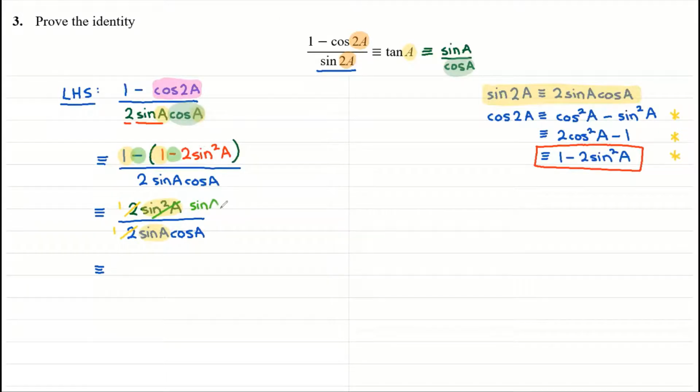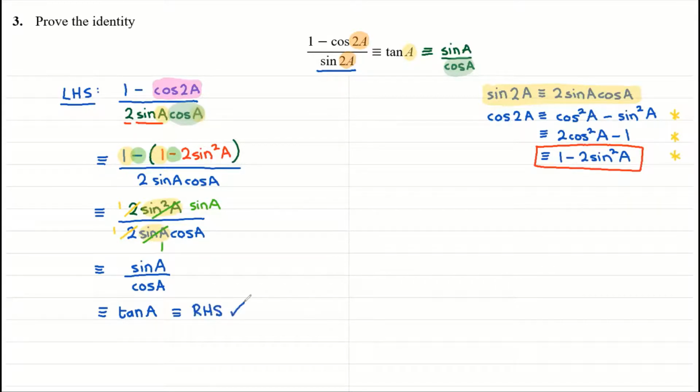And if I divide by sine A in the bottom, of course, that's just going to be 1. So that leaves me with sine A in the numerator over cos A in the denominator, which is exactly what we predicted, which is tan A, which is the right-hand side.